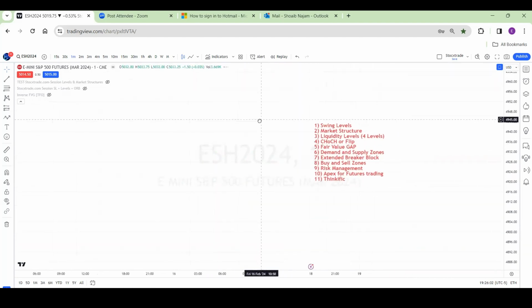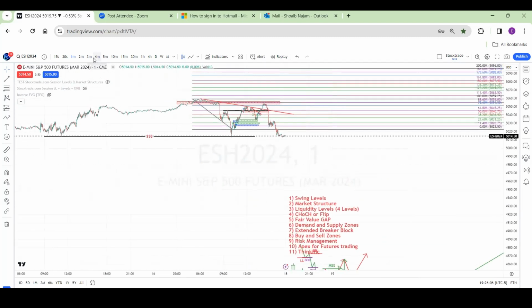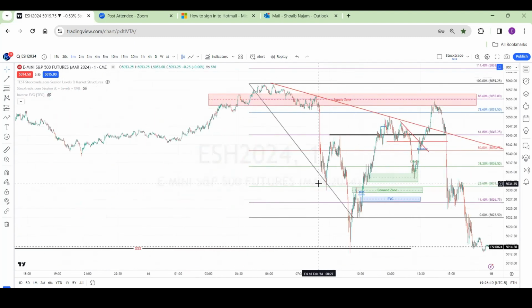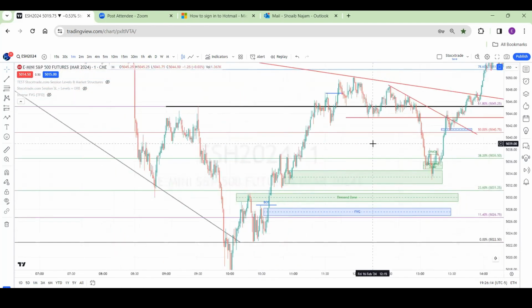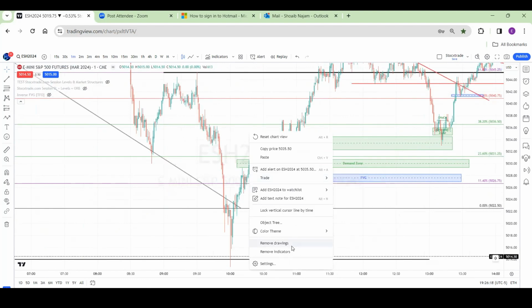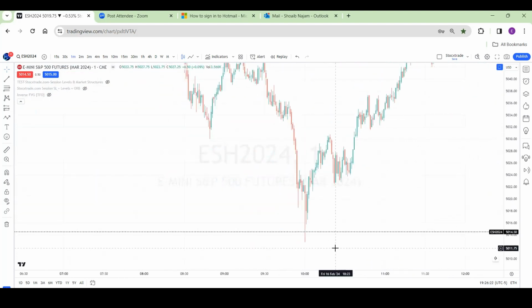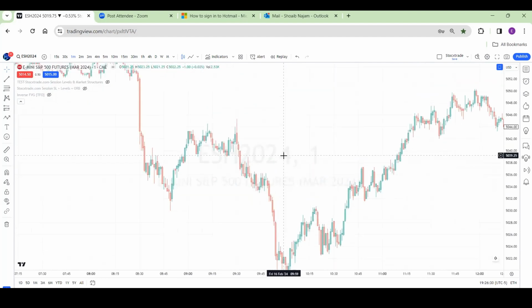Today we were trading, and this was the ES chart, basically the E-Mini S&P 500. If I remove everything, for the demand zone, you cannot mark the demand zone. What is a demand zone? I told you, it is the reversal point.